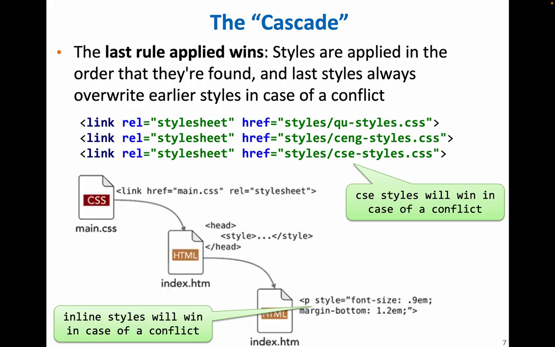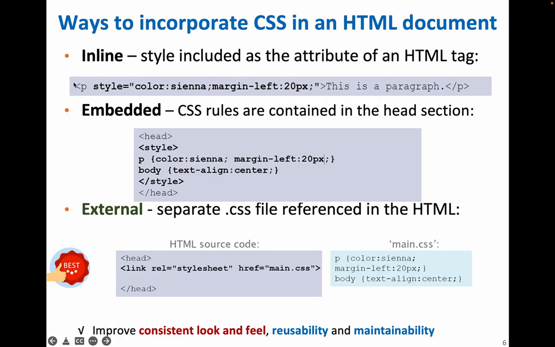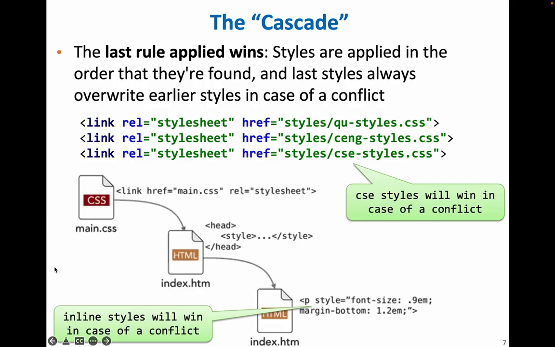Similarly, when we have these inline, embedded and external CSS, they can also have conflicts. Like in one CSS file, we might say that paragraphs should be in this format, and then in an index file I will say that maybe the paragraphs will be in a different format. And for a particular tag, we might say this paragraph should be in this format.